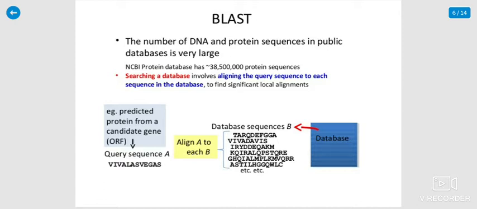Searching a database involves aligning the query sequence to each sequence in the database. For example, a predicted protein and alignments A and C. These are the database sequences, and finally the databases.